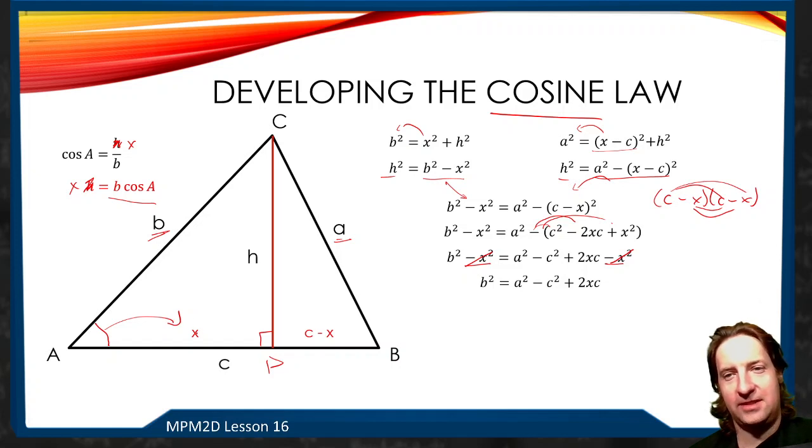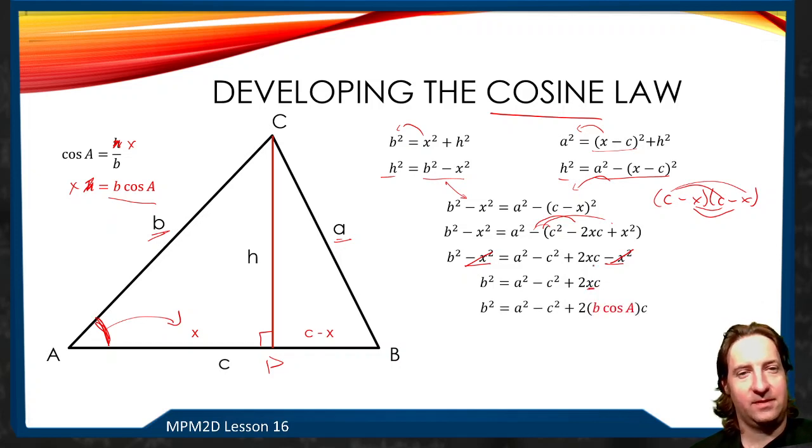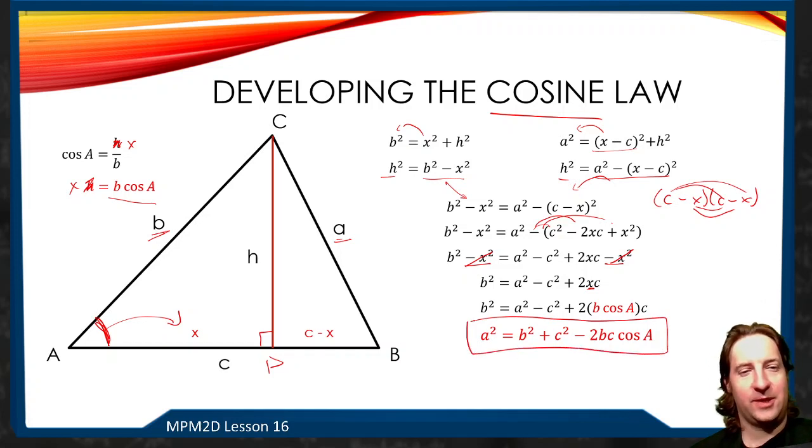The length of x is going to be equal to the hypotenuse of the triangle, b, times the cosine of the angle. So I have this expression x equals b cos A, so I can replace that in my equation. And solving for a squared, getting a squared all by itself, I end up with this wonderful equation, which is actually just what we call the cosine law.